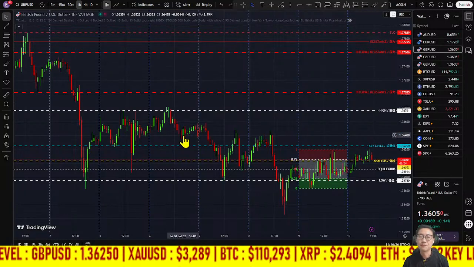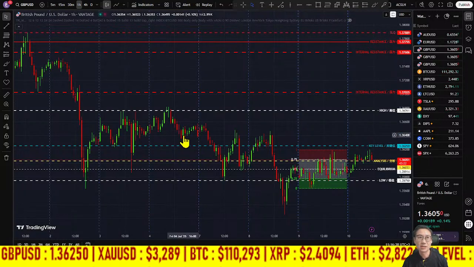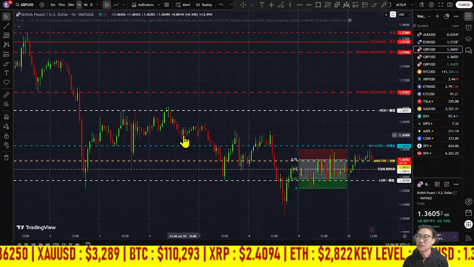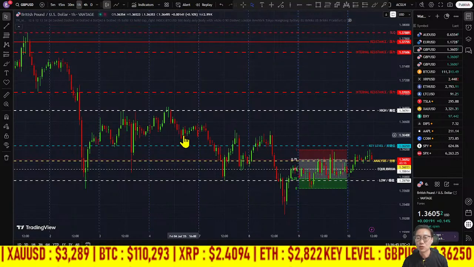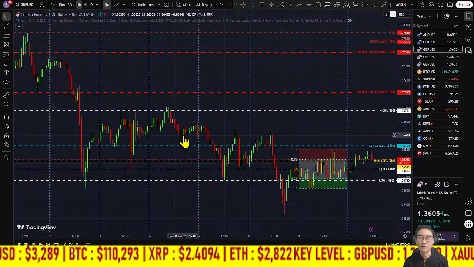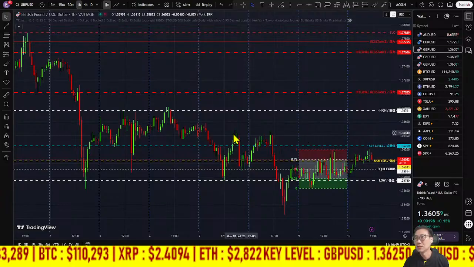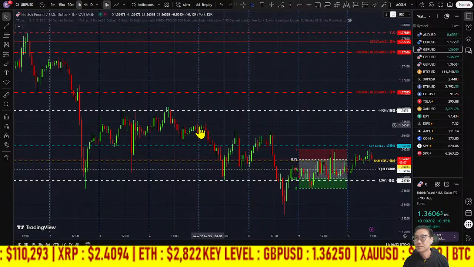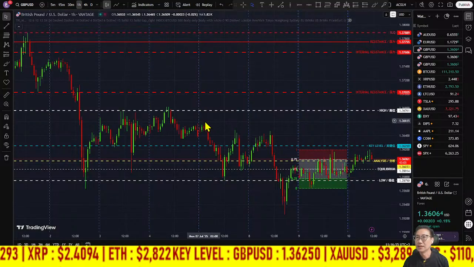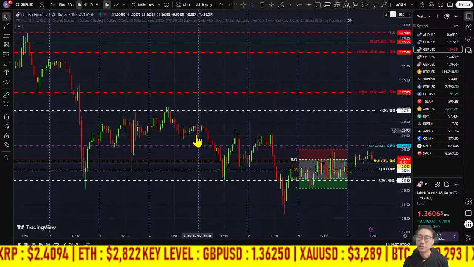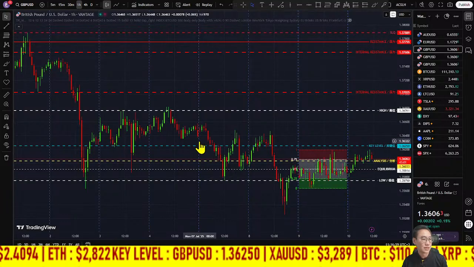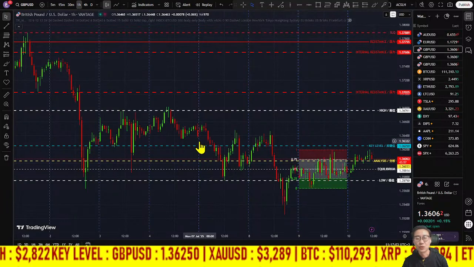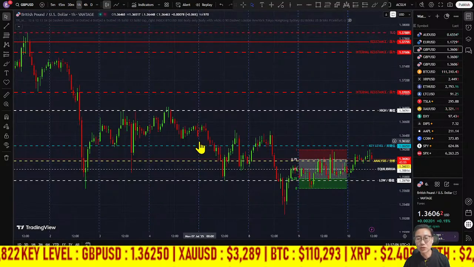Yesterday's level has not been tested yet, so it may be testing from 136.250 all the way to maybe 136.554, somewhere up here. I'm looking at these highs to be taken out. At the moment, I will say that we have quite a few things to take a look at.